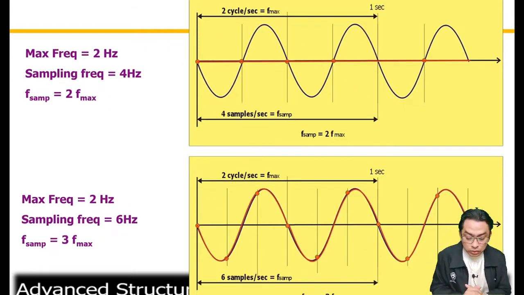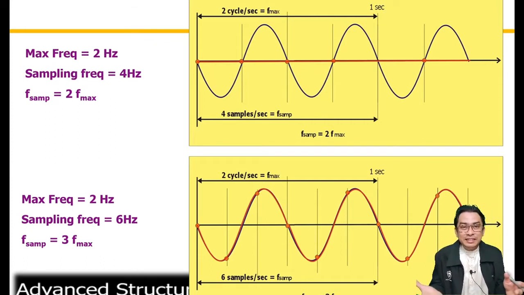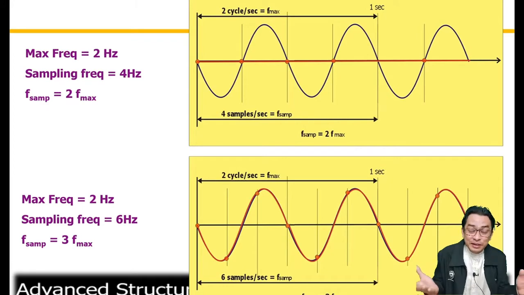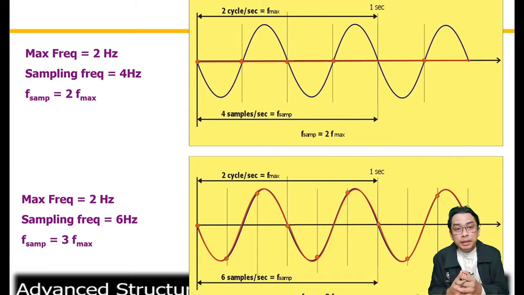Then we increase to double. We increase the sampling frequency to double the original signal, but it gets worse. It does not even give us the signal at all. It just gives us a straight line. So we need to avoid giving a sampling frequency exactly double the maximum frequency.